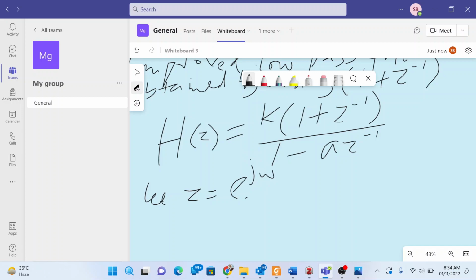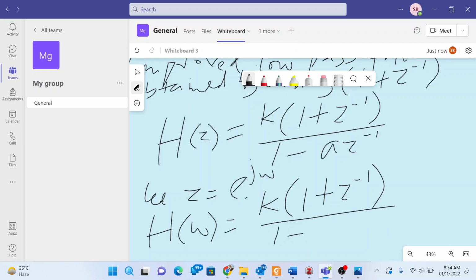So by doing that, this is going to be H of omega. It will now become K into 1 plus z inverse all over 1 minus a z inverse, and this z inverse is going to be e raised to power minus j omega.